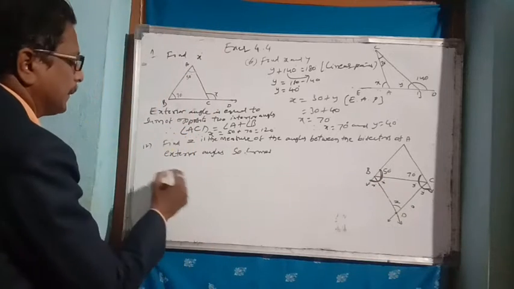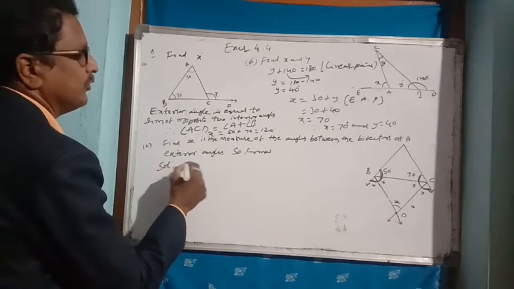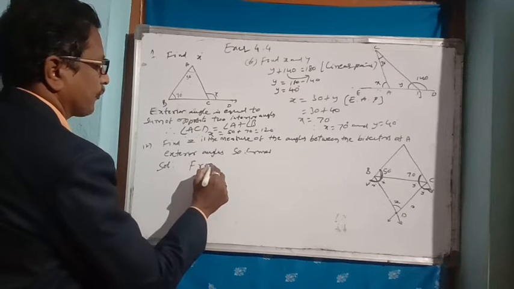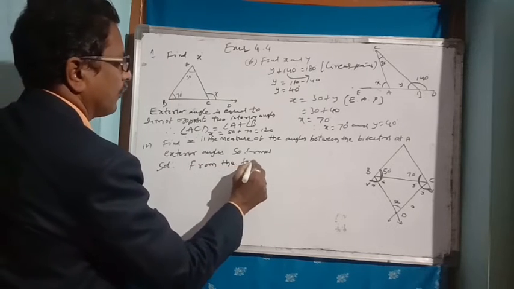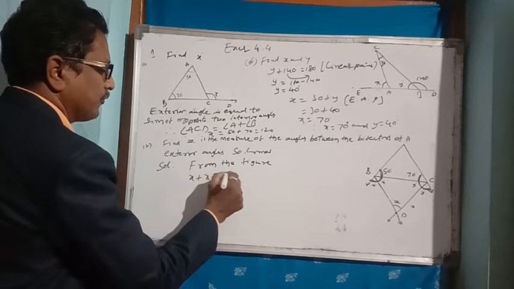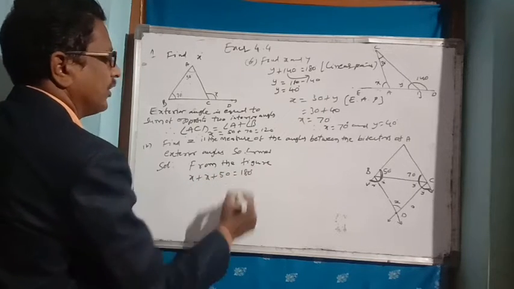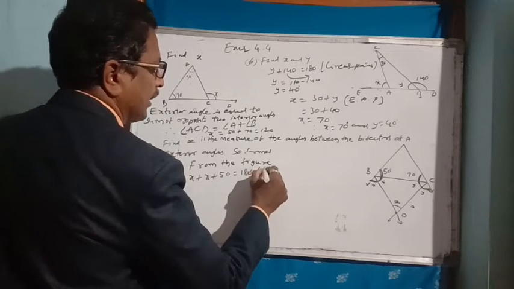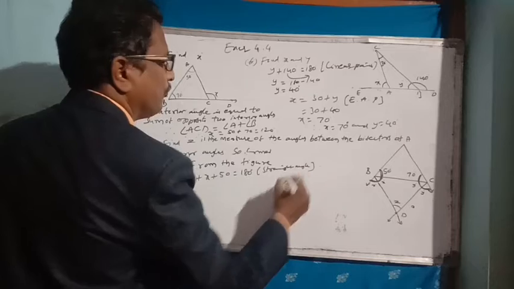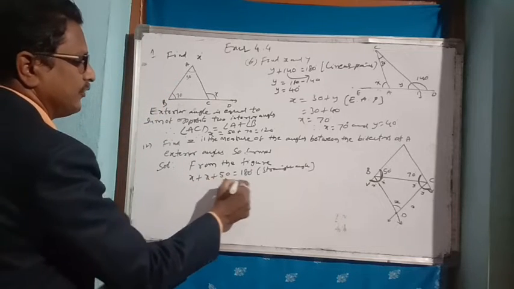See here, from the figure, X plus 50 is equal to 180, straight angle. Then 50 sent to the right side.